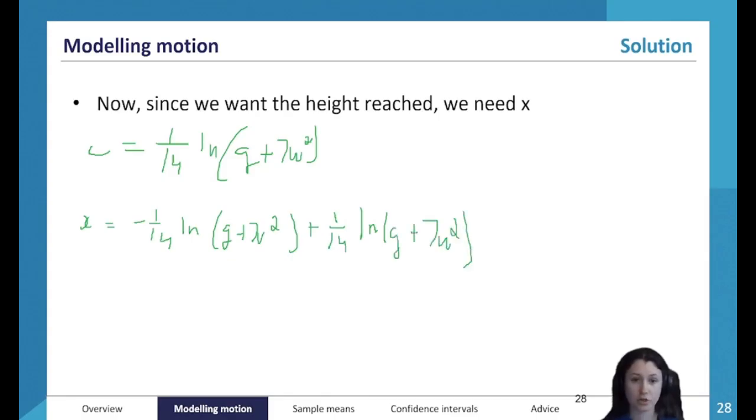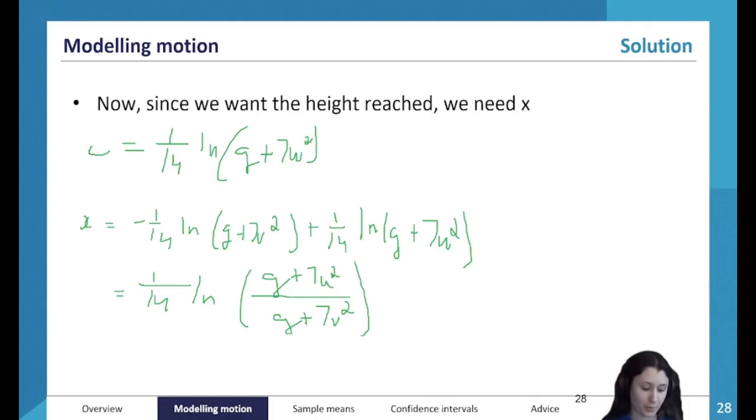And now we can just use log laws to combine those two logs there, because they both have the 1 over 14 at the front. That first one is a negative, so that means we'll be using the log law where we are dividing. So we're going to have g plus 7u squared on top, and then g plus 7v squared on the bottom.